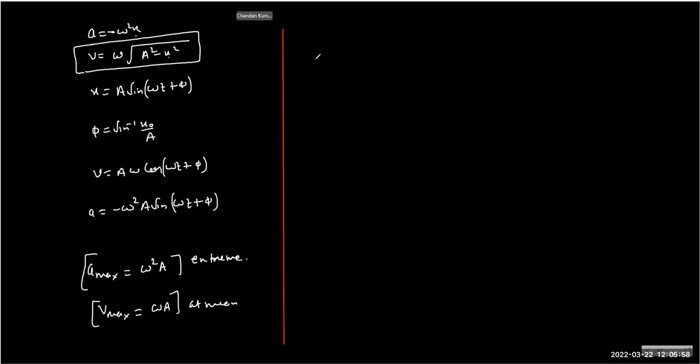So from these two equations, let me rewrite. If A max is omega square A and V max is omega into A, if you divide these two equations, what you can get? A max by V max is equal to how much?